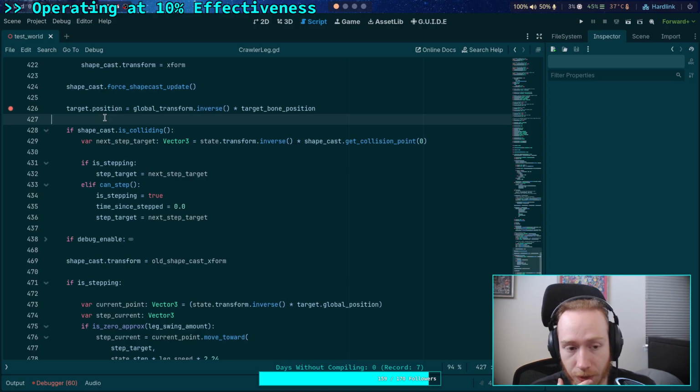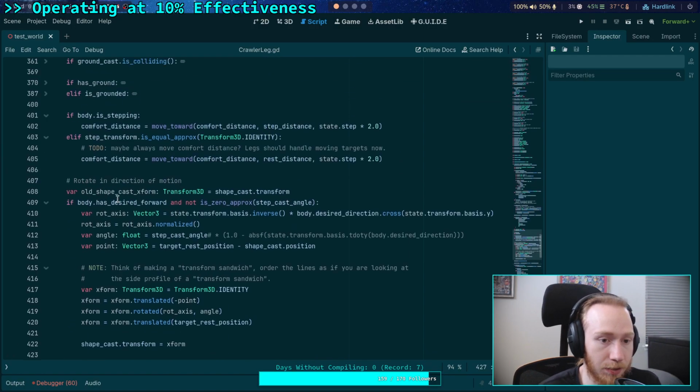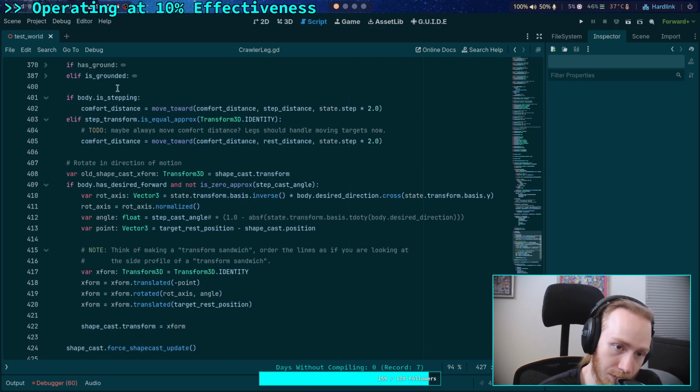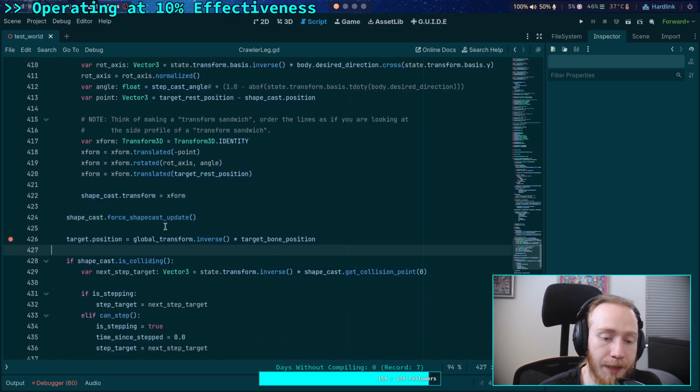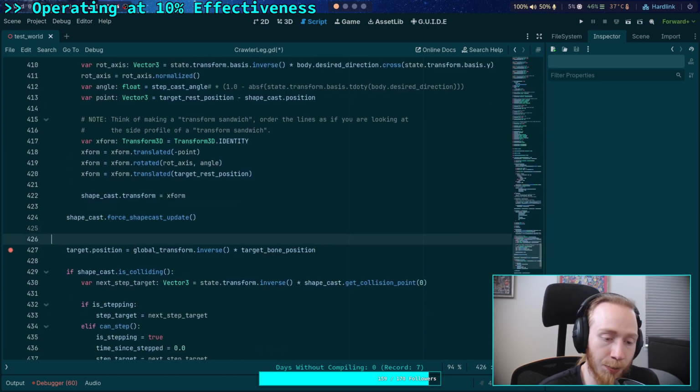This might be where I'm trying to get that grounding thing in. So if the leg is grounded, maybe. I do have ground. Okay. So if the leg is grounded, I want to keep the target position. I want to try to keep it where I have it set to.